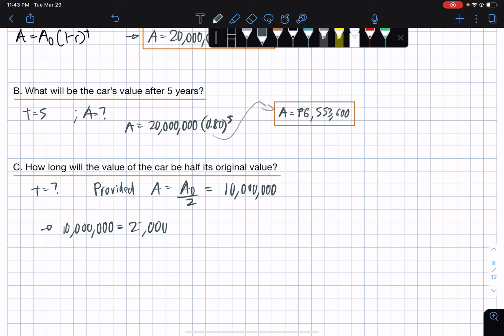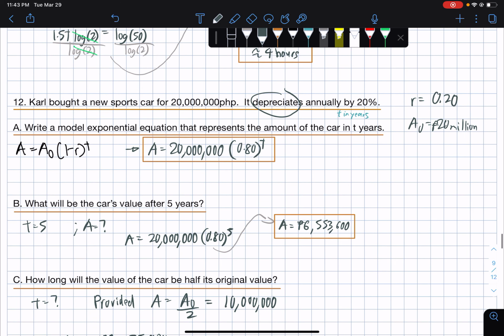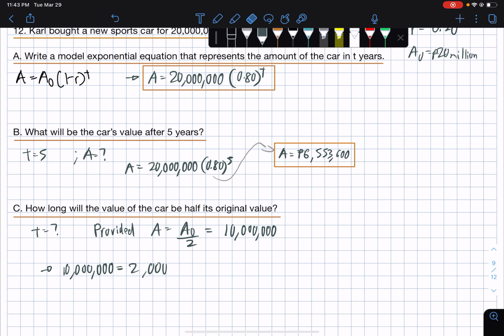I'm sorry, 25 million. I think that's the initial. Never mind. It's 20 million. Then times 0.80 raised to t. Okay, divide both sides by 20. I'll just place m as million. 20 m.